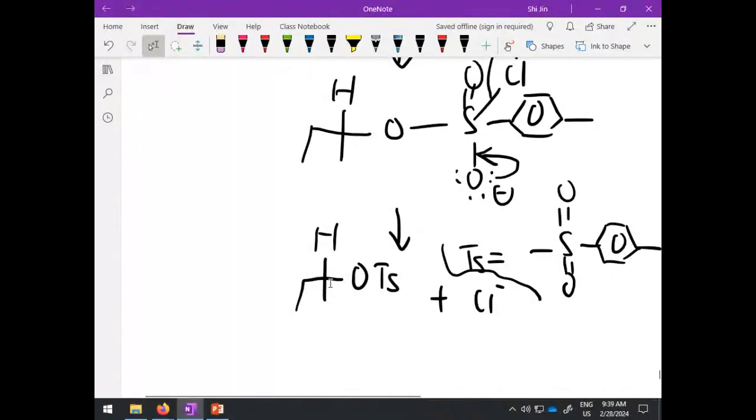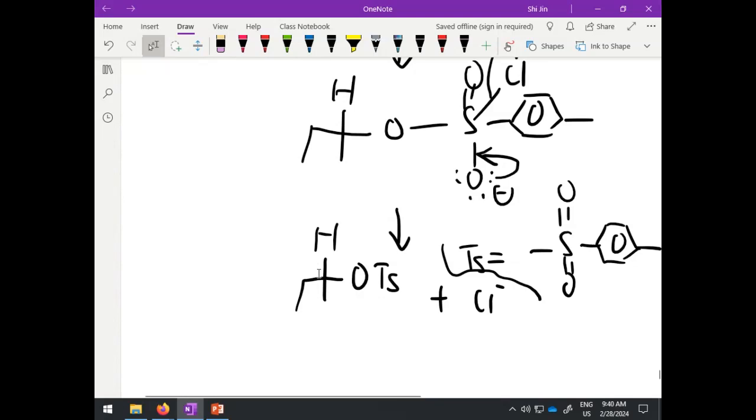We have seen this in organic one. The sulfonyl chloride converts the bad leaving group, the OH group, into an excellent leaving group, the tosylate. The configuration of the chiral center in the alcohol is completely retained because this chiral center does not get involved in the entire reaction.